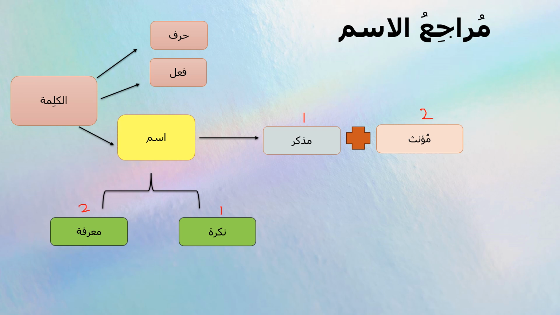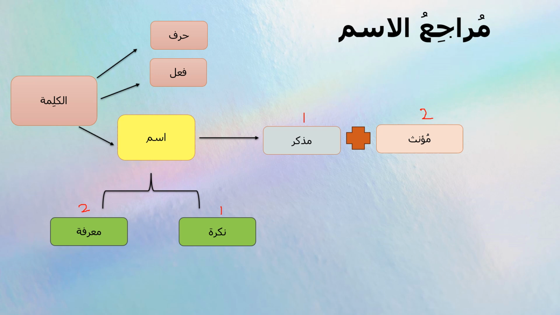So nakira and marifa means the indefiniteness and the definiteness, and the gender also. The whole of Arabic language depends upon the two genders. Everything is divided into two genders, that is the mudhakkar and the muannath. So this is all about ism.